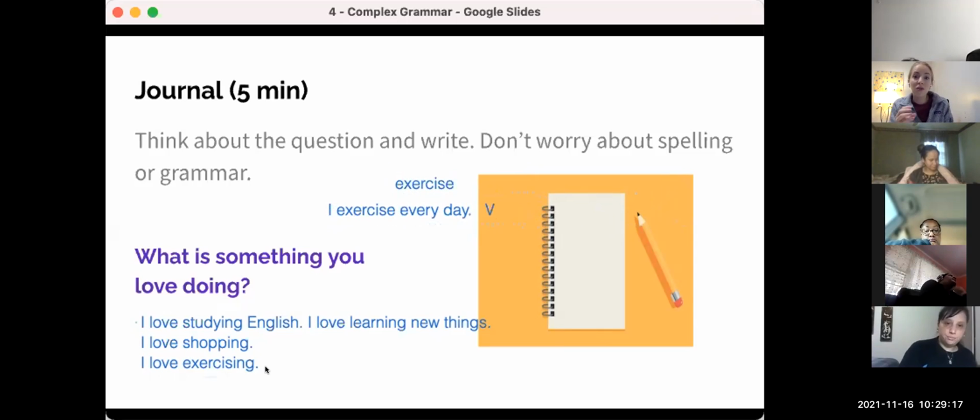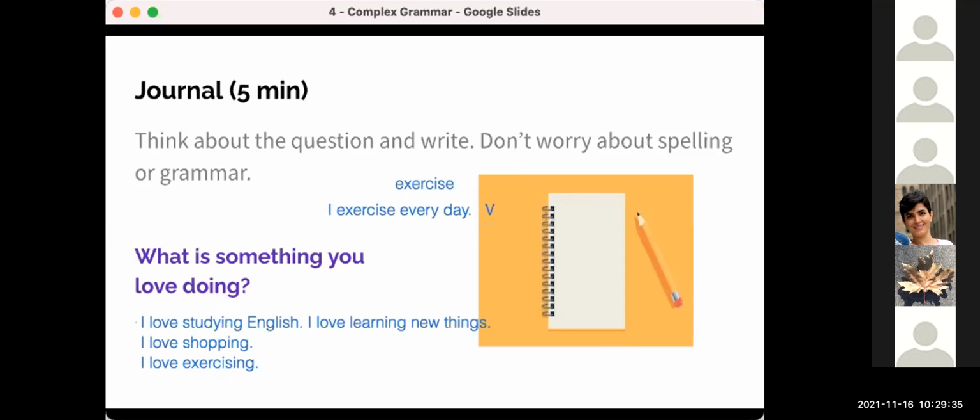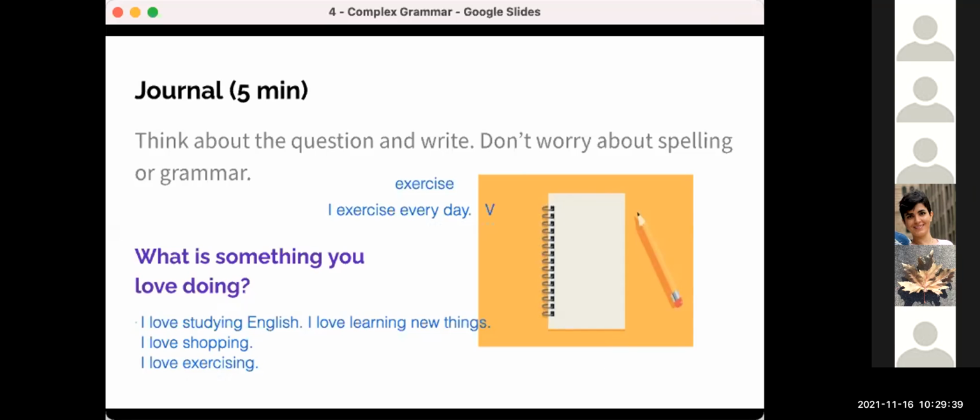Generally speaking, we use exercise as the verb. We don't need to use do or make, which would make exercise the noun. We'll just keep it as the verb. Exercise can be a noun, but we more commonly use it as a verb.